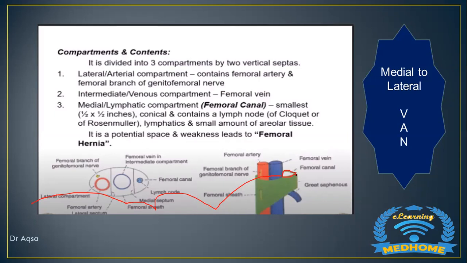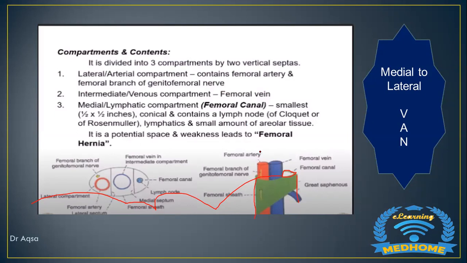From here, the whole femoral canal will go down, because the other contents are the femoral vein and the femoral artery. The shape of this femoral canal is oval, like the deep inguinal ring. And this femoral canal is bigger in females as compared to males.